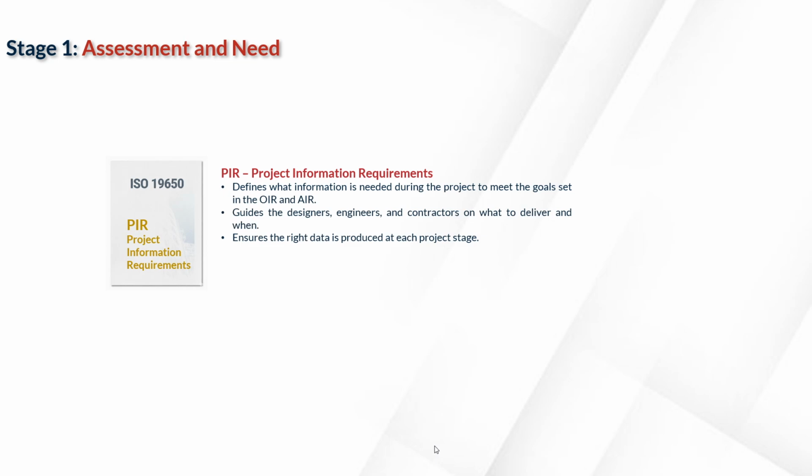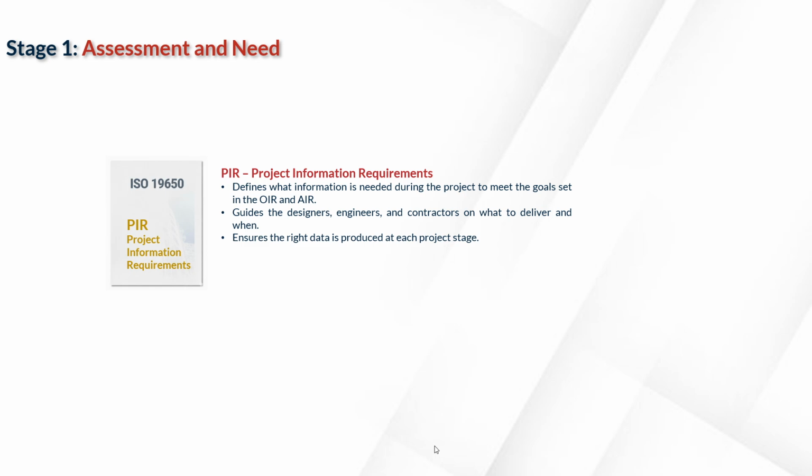So after defining what the organization needs through the Organizational Information Requirement and what asset data is required through the Asset Information Requirement, the next step is the PIR, or the Project Information Requirements. The Project Information Requirements outline exactly what information needs to be produced during the project to meet those higher level goals.